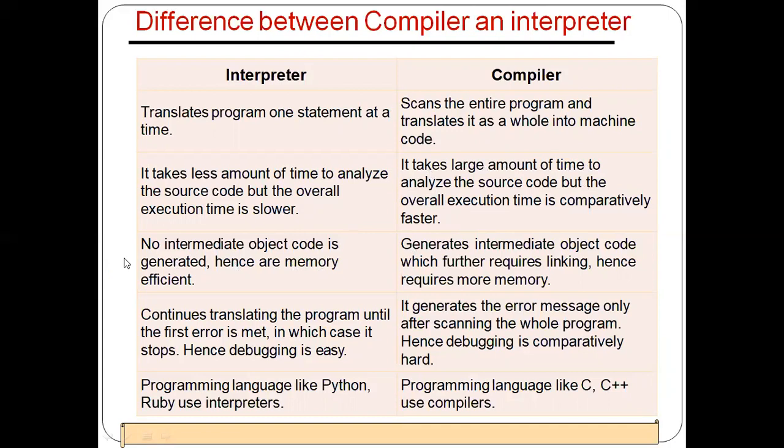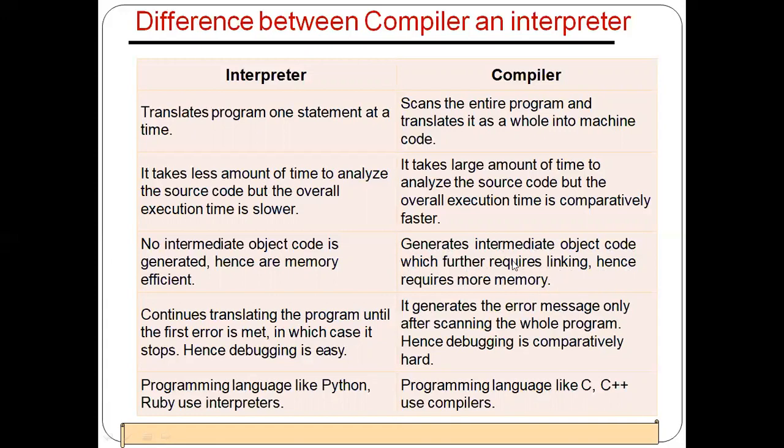See here on the third point: no intermediate object code is generated by the interpreter, hence it is memory efficient. The compiler generates intermediate object code, which further requires linking, hence it requires more memory.